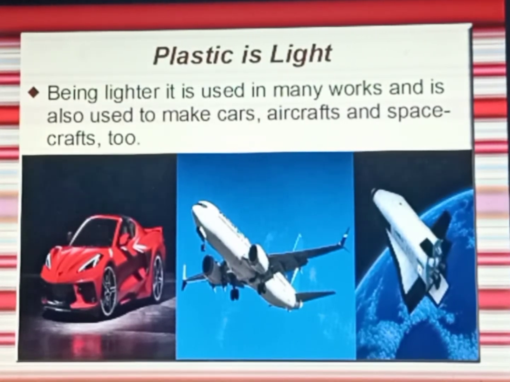Plastic is light. Being lighter, it is used in many works and is also used to make cars, aircraft and spacecraft too. Plastic is light. It is not about sunlight or any light or bulb. It is about weight. Weight means, you know, 1 kg, 2 kg. So it is very light in weight.